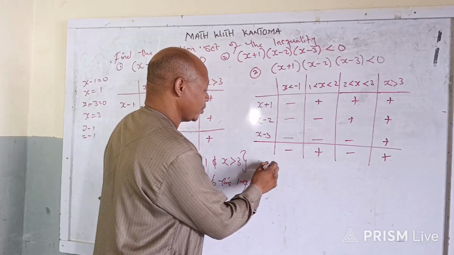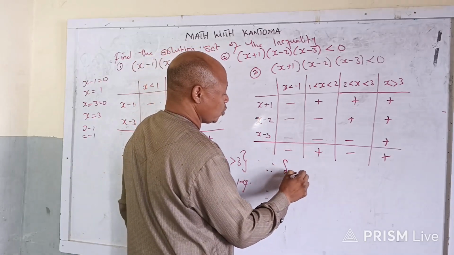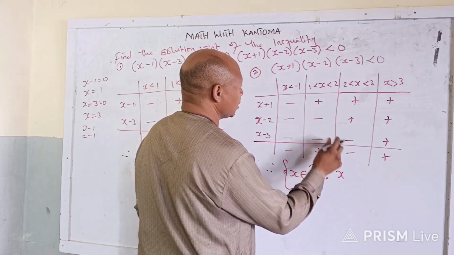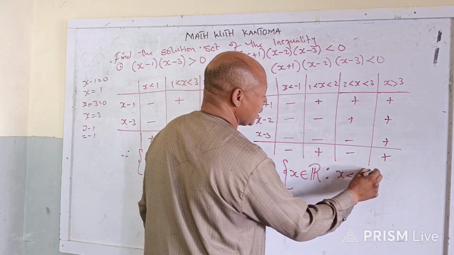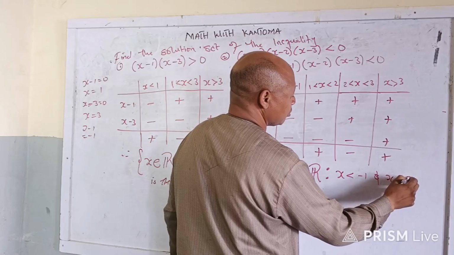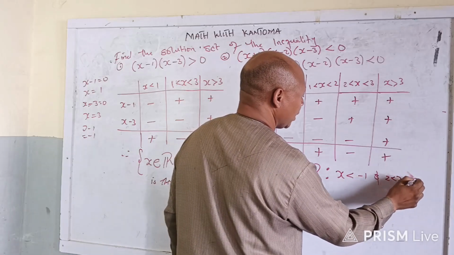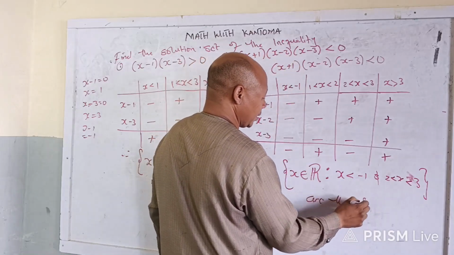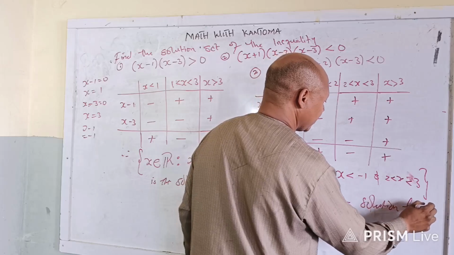So we say therefore, the solution set to this inequality is the set of x which belongs to the set of real numbers such that x is less than minus 1, and x lying between 2 and 3 are the solution to this inequality.